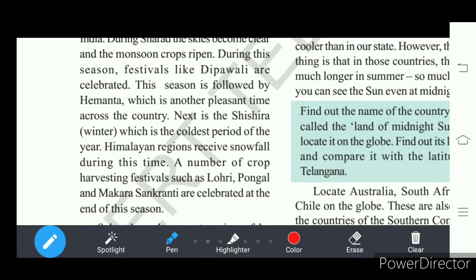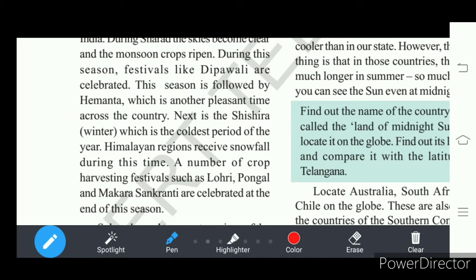That is the beginning of the winter season, which is the coldest period of the year in India. During this period, the Himalayan regions receive snowfall, and a number of crop harvesting festivals also start with Shishira, that is Lohri and Pongal.